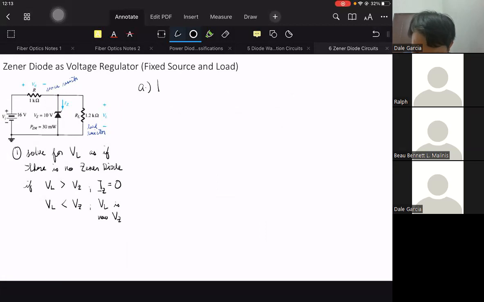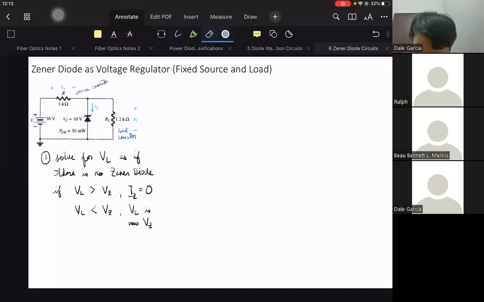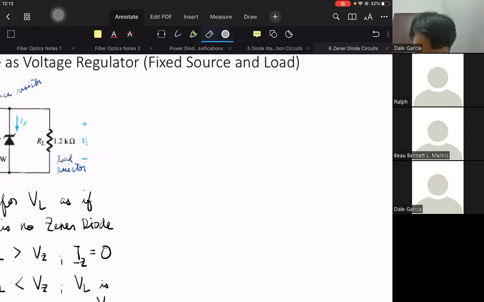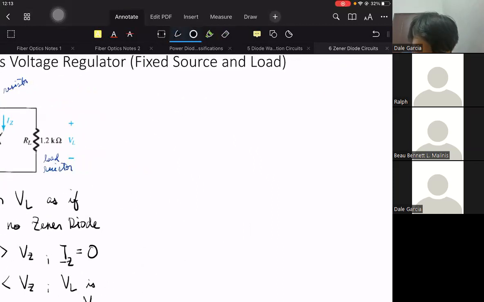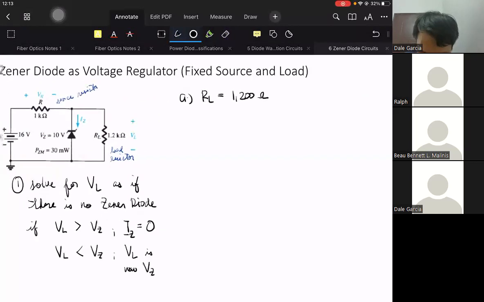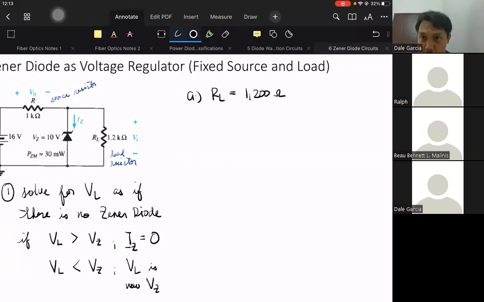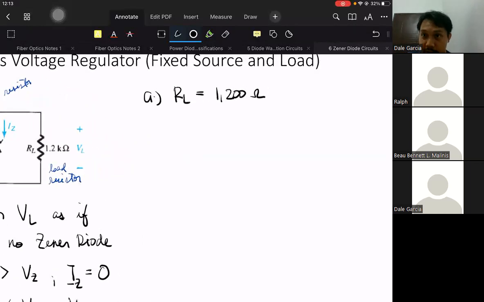For RL, it is 1.2 kilo ohms. Yes, 1,200 ohms. So, solve for VL. I hope you are familiar with the voltage divider formula.